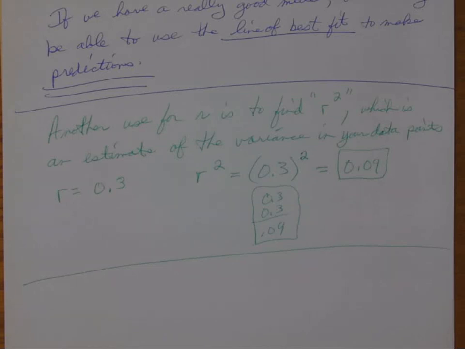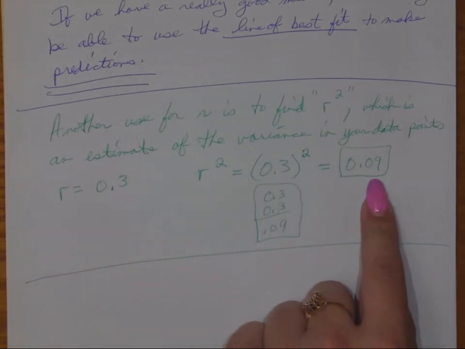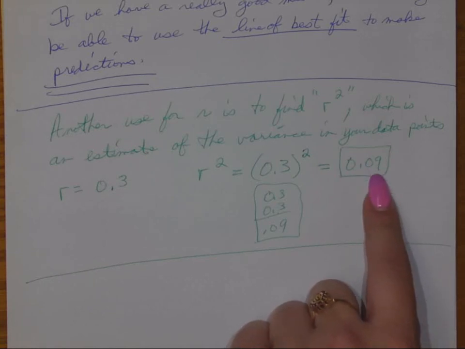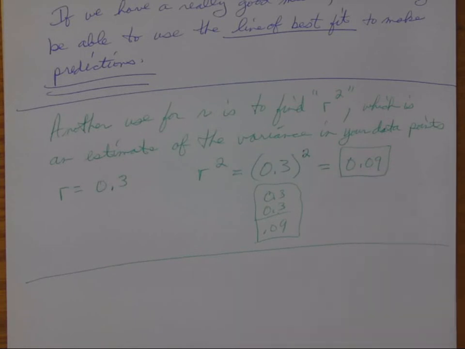So if it was a 0.3 for my correlation coefficient, for instance, and then I square it and I get a 0.09, then how much variation do you think that represents? There's a little bit, but not a ton, right? Okay, so this is kind of mild.